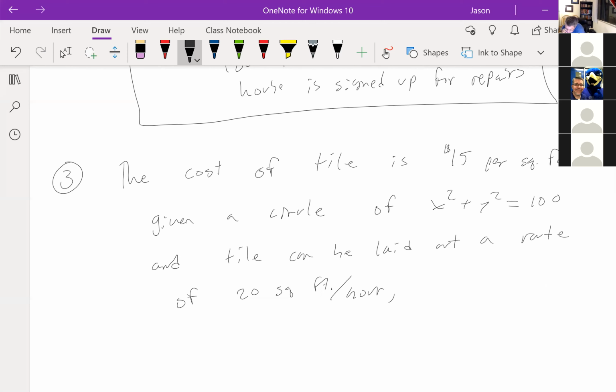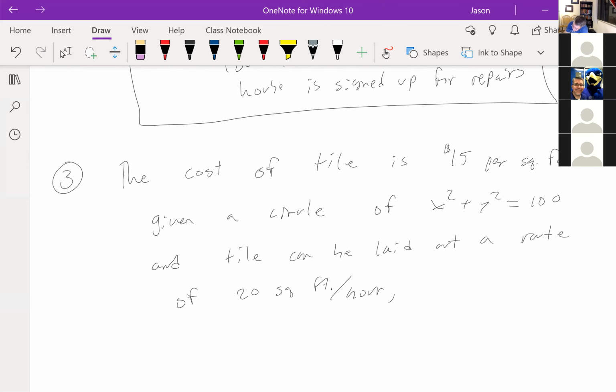Calculated 20 square feet per hour. Let me think what I want to do here. And then calculate at a rate of 20 square feet per hour.